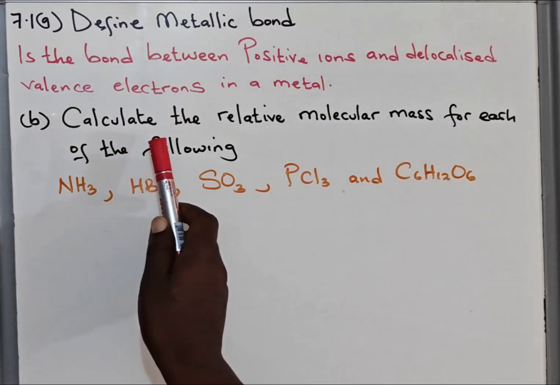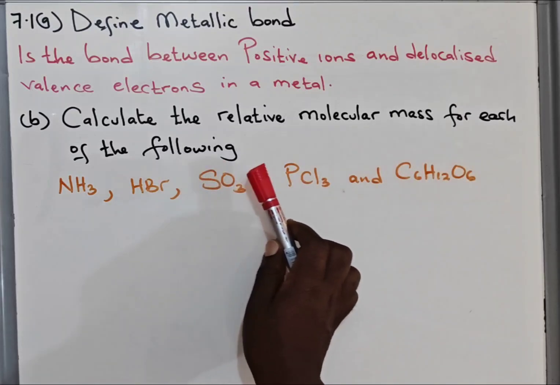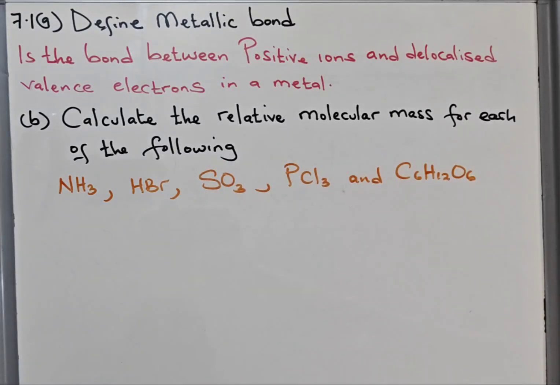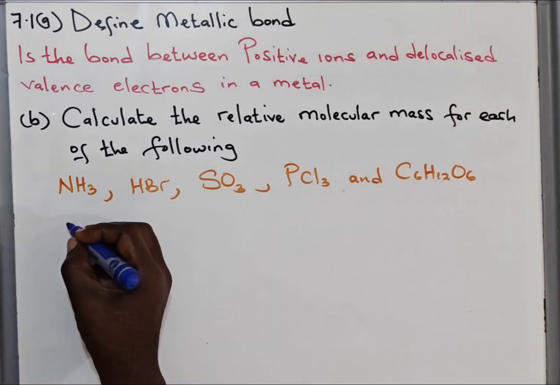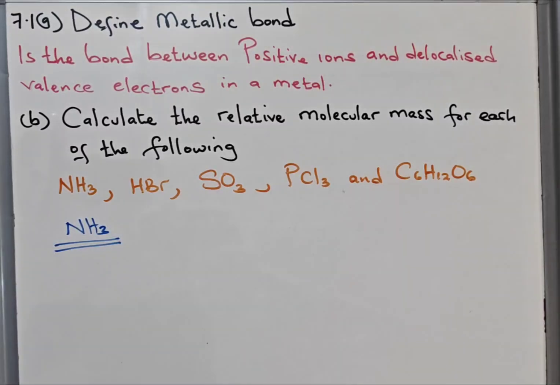Then we come to this one. It says, calculate the relative molecular mass for each of the following. The first one is ammonia, NH3. How do you perform this?